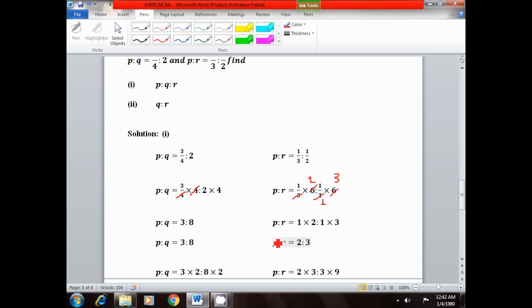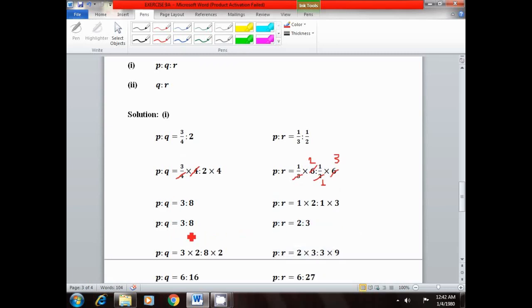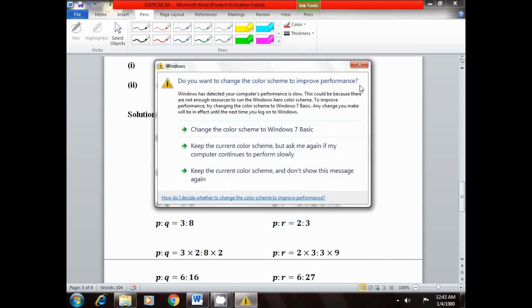Now p ratio q, on the left side we have 3 ratio 8, and then on the right side we have p ratio r, 2 ratio 3. Still we have two different quantities for p. On the left side the value of p is 3, and on the right side the quantity of p is 2. So let's make it a single quantity.